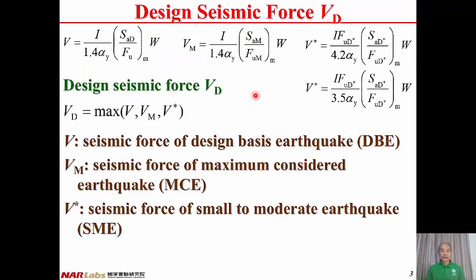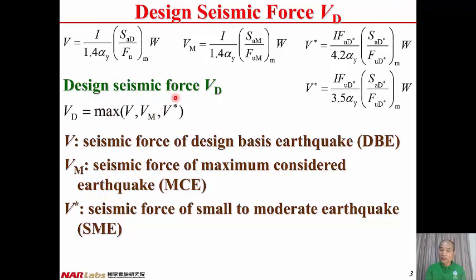And in previous lectures, we have learned about seismic force corresponding to design basis earthquake, and also seismic force corresponding to maximum considered earthquake, and also seismic force corresponding to small to moderate earthquake. From these 3 seismic forces corresponding to the 3 earthquake levels, we take the maximum one, and the maximum one will be the design seismic force.